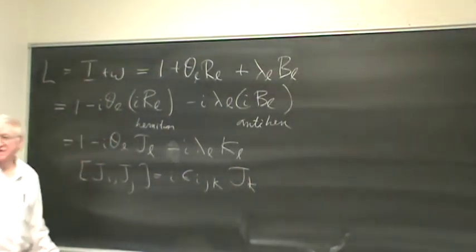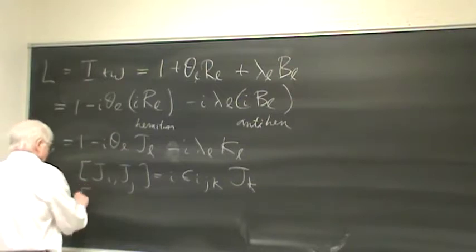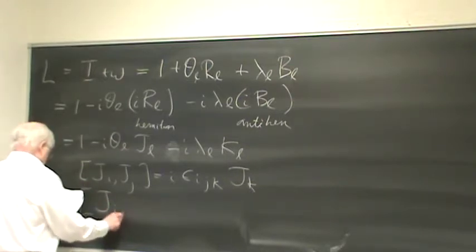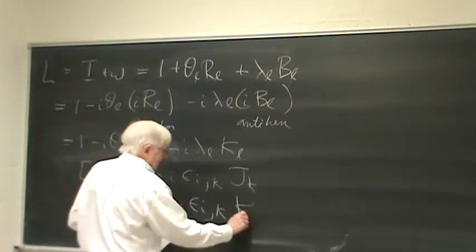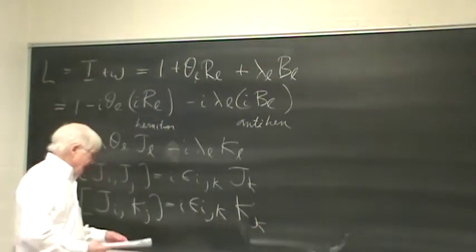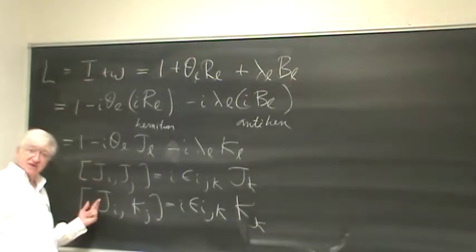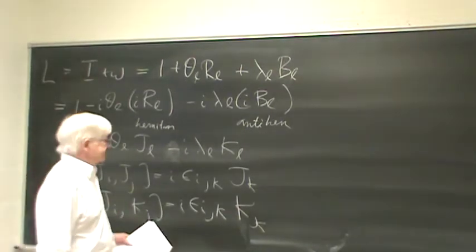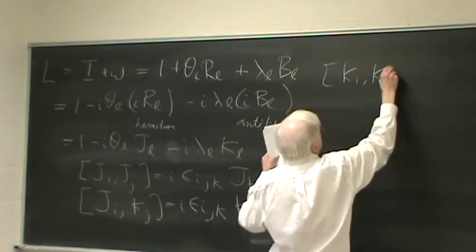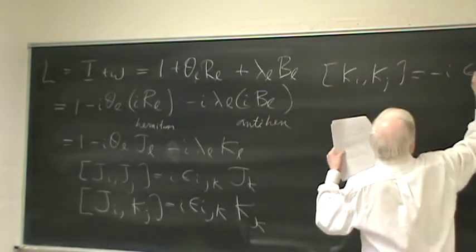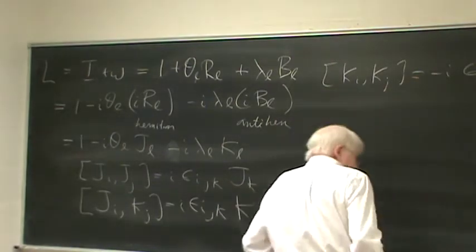The J's, as you'd expect, satisfy the commutation relations of angular momentum. You then find that Ji with Kj is i epsilon ijk Kk, and this just tells you that the three K's are a 3-vector under rotations. That's reasonable. Here's the magic part. The magic part is Ki Kj is minus i epsilon ijk Jk.